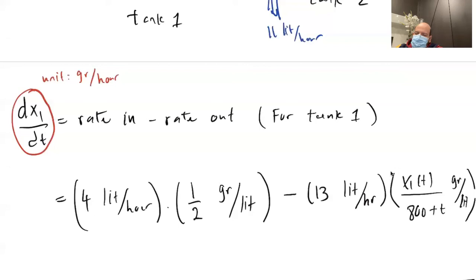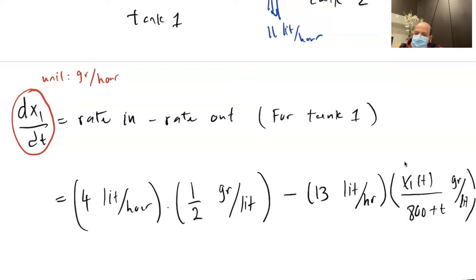This part is a little bit confusing for some students. When I ask what is the amount of salt in tank 1 at time t, sometimes they give some numbers or some expressions, but you have to think about that. The amount of salt in tank 1 at time t is exactly what you want to find. You haven't found it yet.